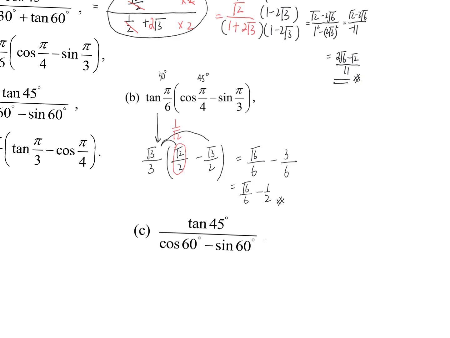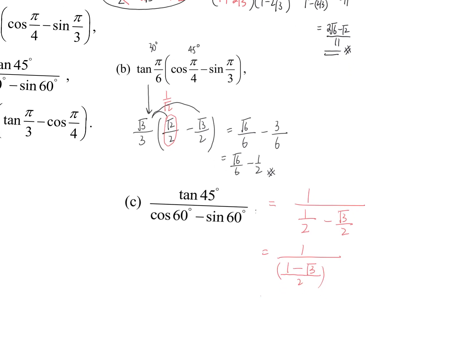Okay, what is tangent 45? Root 2 over... oh, tangent... sorry, wrong. 1. What is cos 60? Half. So what is sine 60? Oh my god, sine 30 is half. Okay, so if you combine the fraction at the bottom, you get this, right?